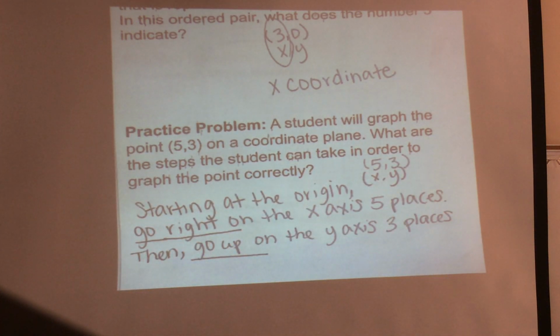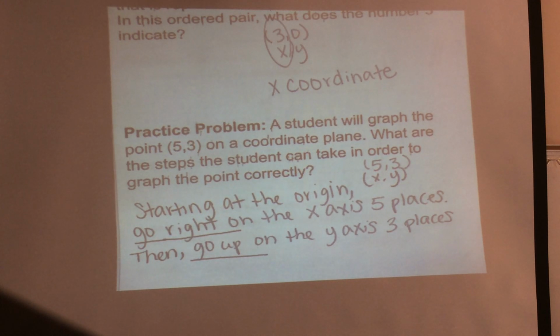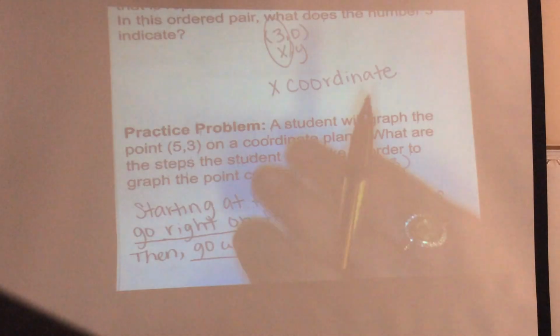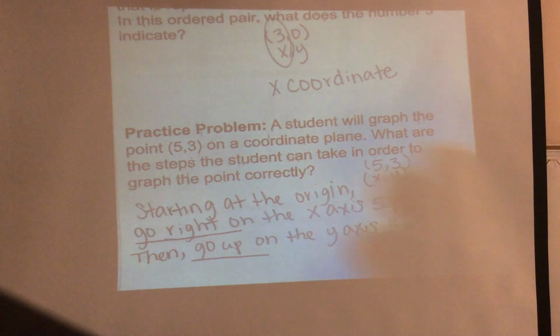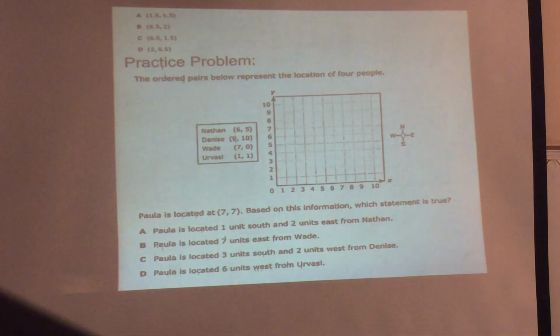So I could also say, starting at the origin, go horizontally on the x-axis 5 places, and then go vertically on the y-axis 3 places. I could also say, starting at the origin, move parallel to the x-axis 5 places, then go parallel to the y-axis 3 places. Those 3 statements all mean and say the same thing. If you need to pause to finish writing, that's fine. Okay.